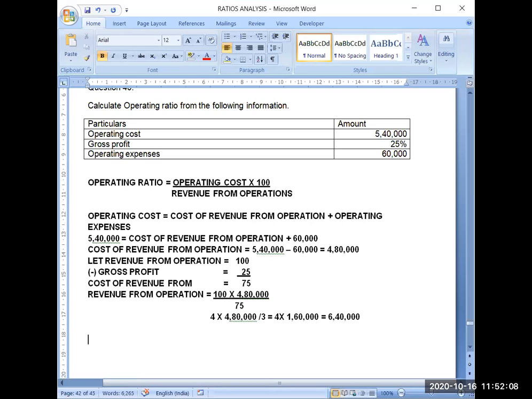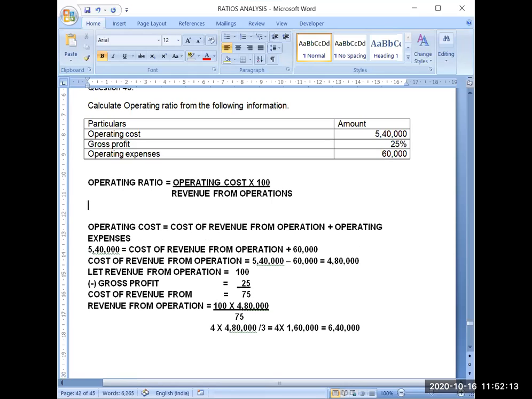So now I can calculate the operating ratio with the help of this formula.